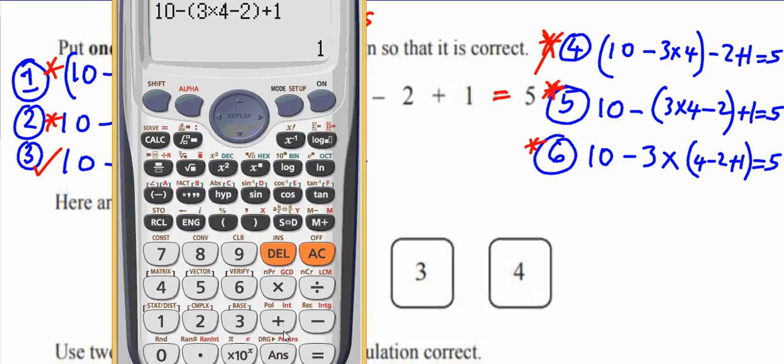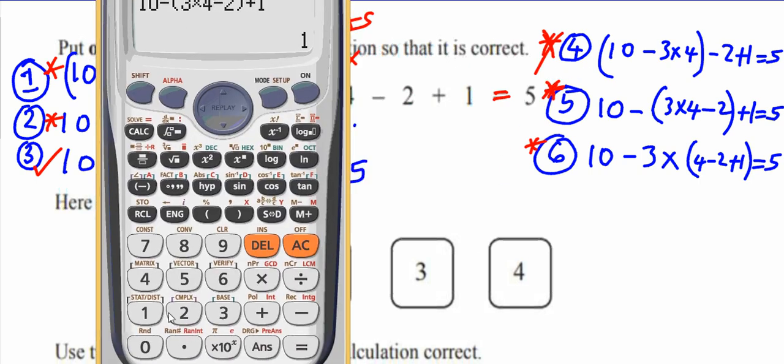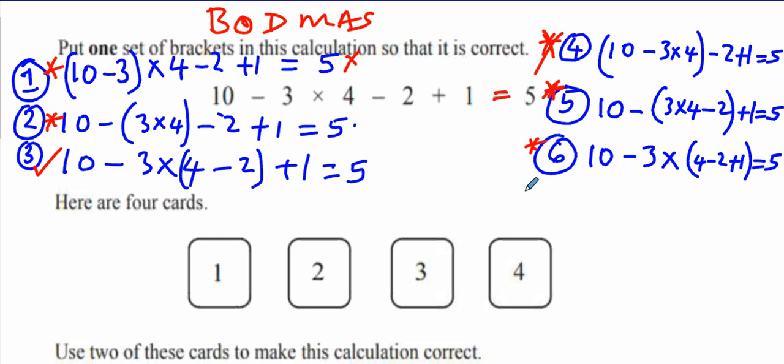Okay, the last one is 10 minus 3 times, open brackets, 4 minus 2 plus 1, close brackets, is equal to, I'm getting not equal to 5. I'm getting something else.